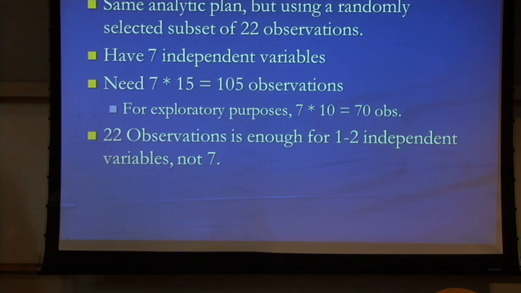But we only had 22. And 22 divided by 15 is only 1.5, right? So you only have enough for about 1 to 2 independent variables. So with 22 observations, you can't do much, right? 1 or 2 variables. Very limited. If you have a 4-level categorical variable, you can't even do it.